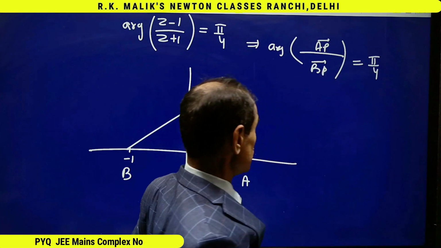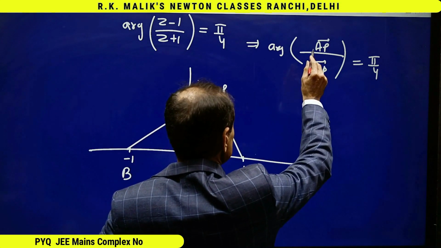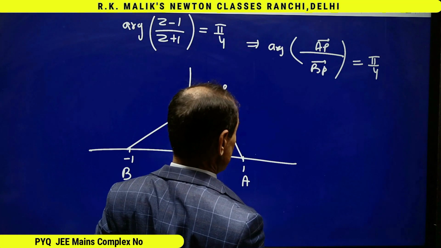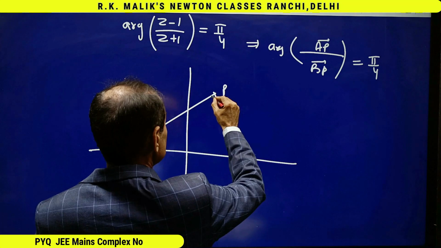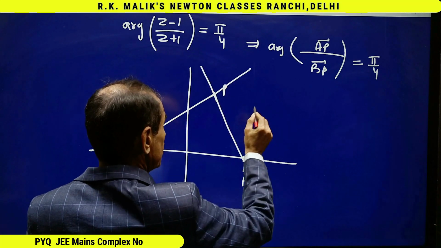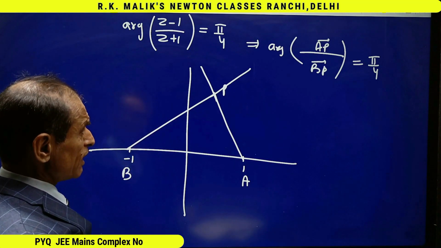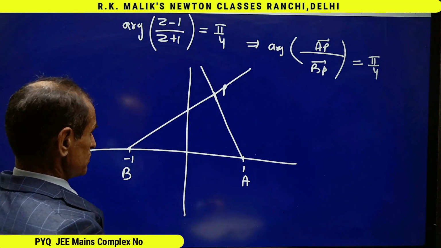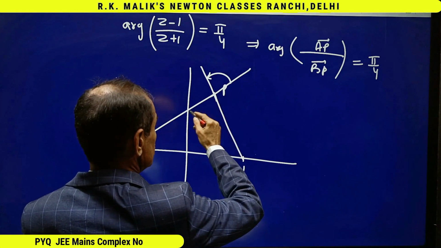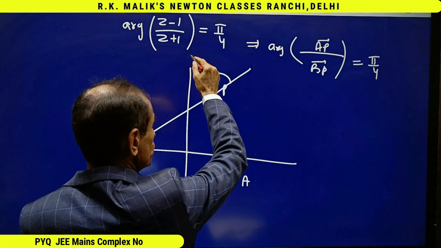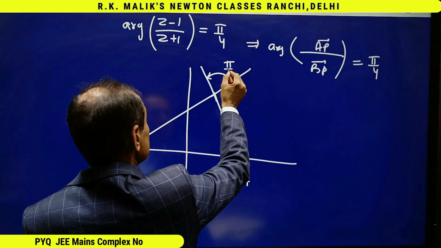And because the angle is positive, it means the angle must start from the BP vector, go up to the AP vector, and the angle must be pi by 4. If this is the diagram, it will mean that the angle has to start from BP, go up to AP, and the angle should be anti-clockwise, and the amount of angle is pi by 4.